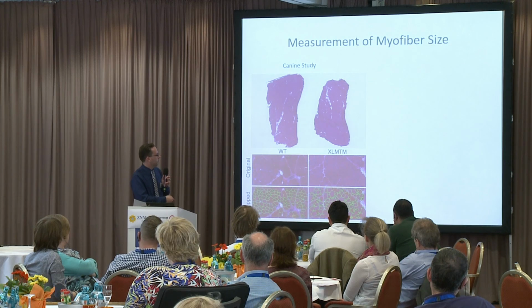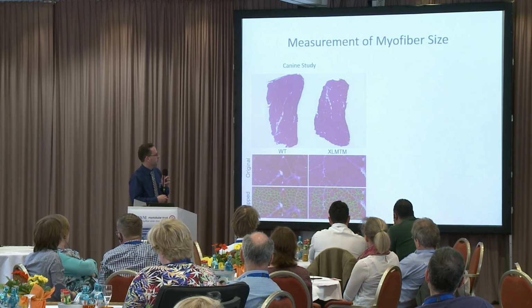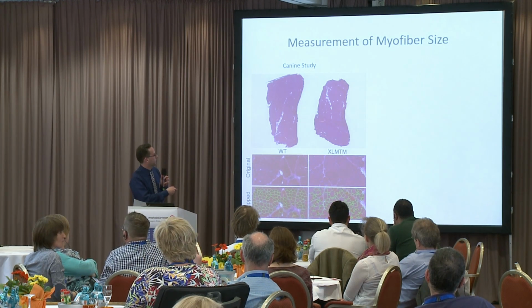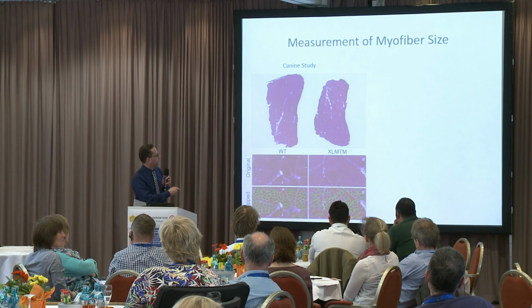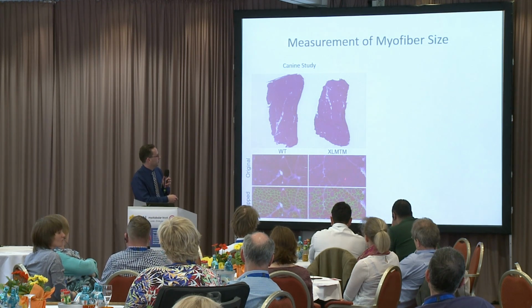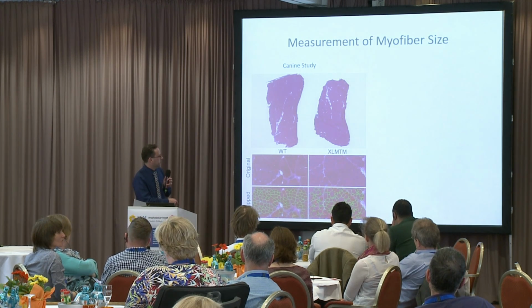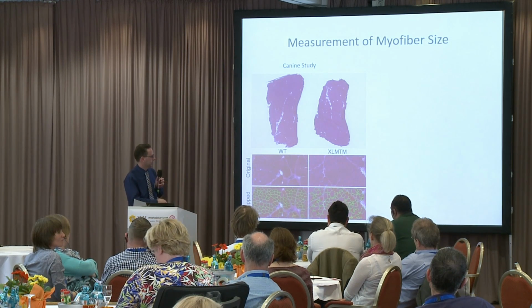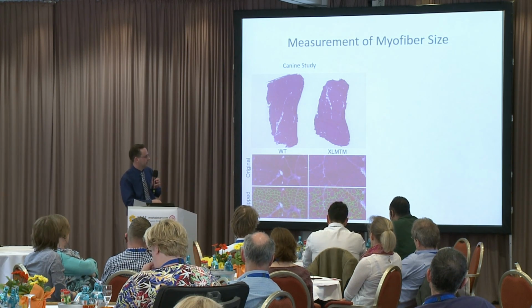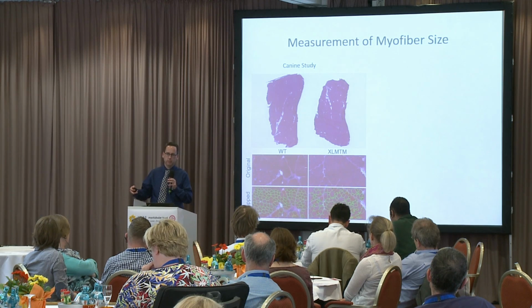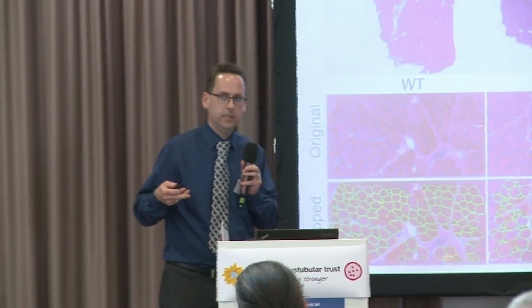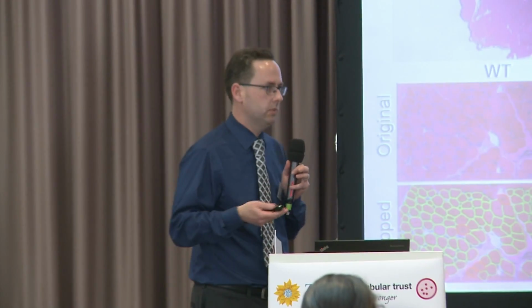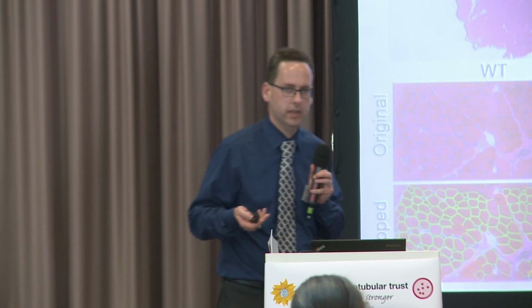So, for instance, the way that we took our fiber size information was by scanning the whole slides that were H&E stained and running it through an algorithm that was developed by a friend of mine at the University of Florida named Lin Yang, which recognized all of the edges of the fibers, and his computer program figured out how big they all were. But then we had to manually quantify a number of things, and the FDA is much more comfortable with automatic quantitation.